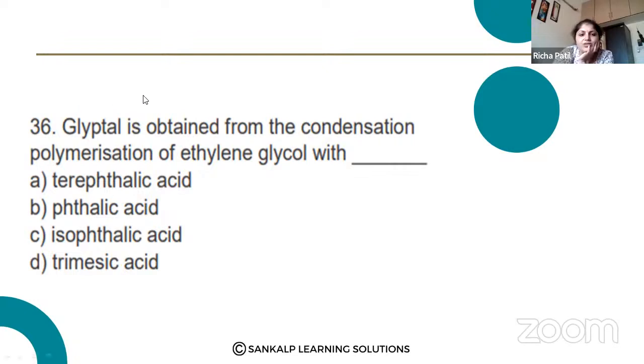No, it is not glyptal. We are talking about glyptal. It is with phthalic acid. So glyptal is obtained from the condensation polymerization of ethylene glycol with phthalic acid. Okay. So next.